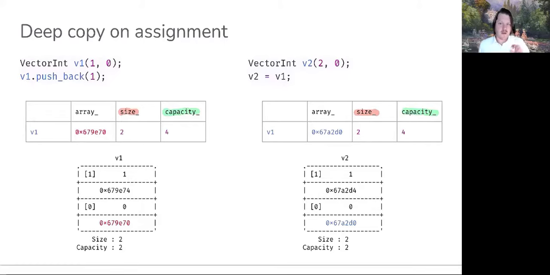However, we have dynamically allocated memory, so we're not going to directly copy over that array. Instead, during the assignment process, we're going to have v2 go out and get its own array. And this is reflected in the difference in the addresses between v1's array compared to v2's array.